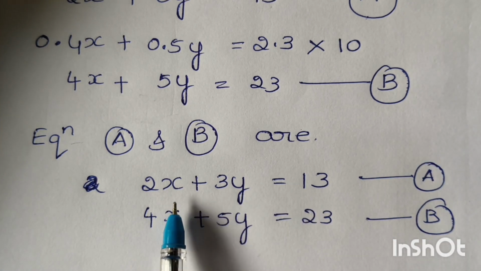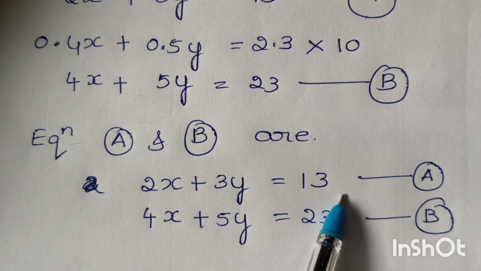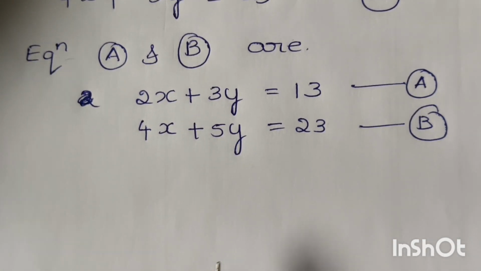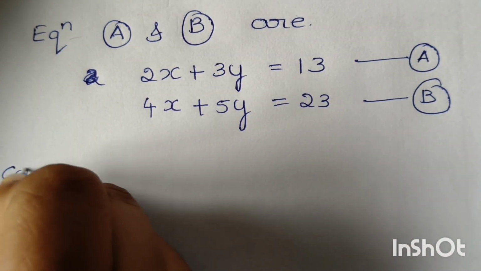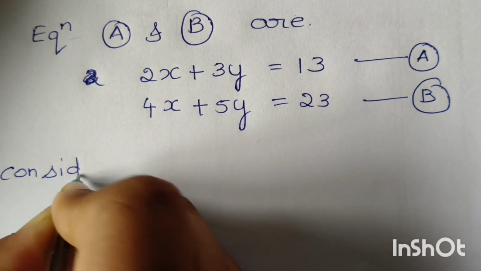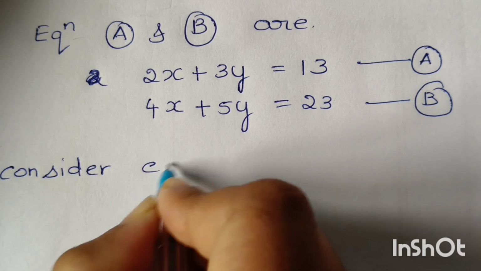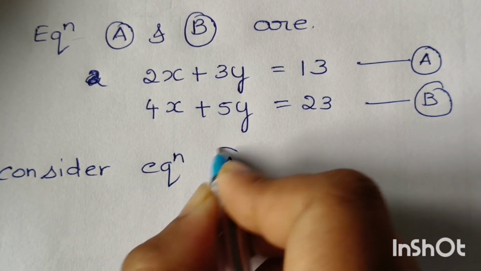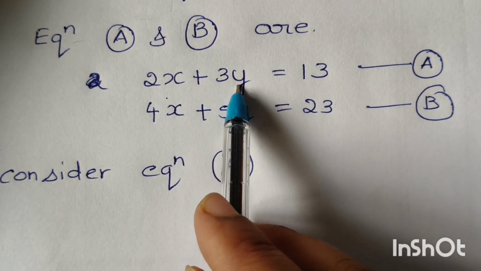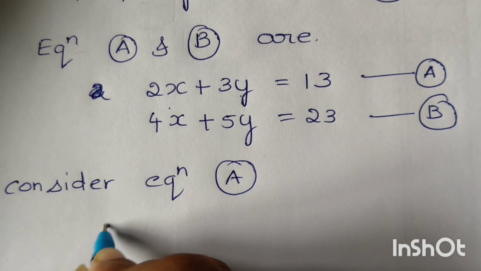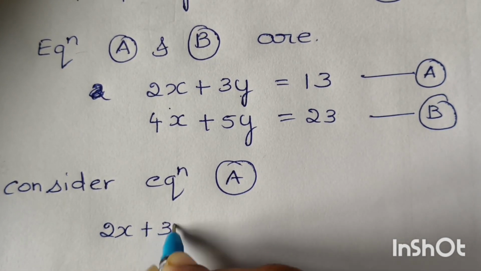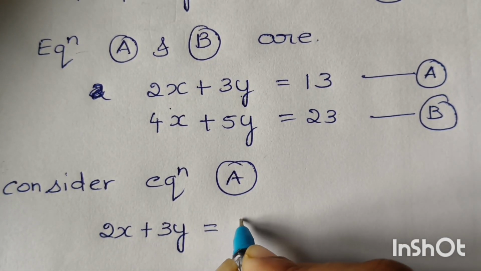Now let us consider equation A, that is 2x plus 3y is equal to 13.